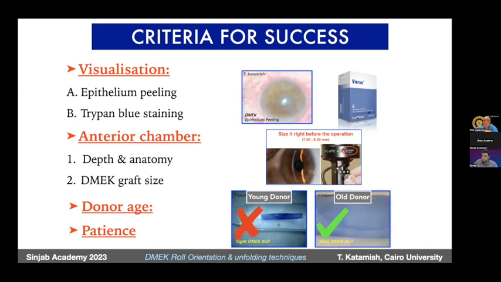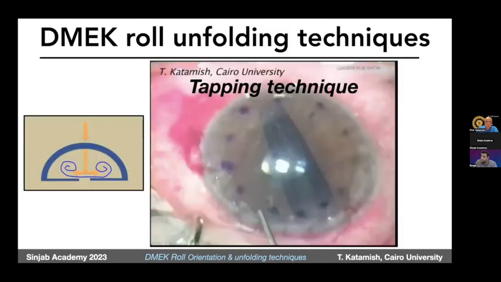If you follow this advice, proper visualization, proper adjustment of the size, choosing donor age above 60 years, you will be able to succeed in unfolding the DMEK graft, and you should also have some patience in dealing with these DMEK rolls, especially in your first few cases.